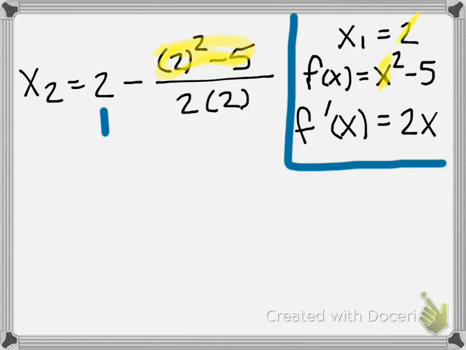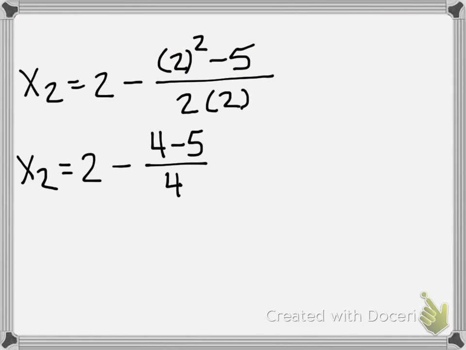And then on the bottom our f prime, 2x. Again, the 2 is being substituted in for the x. So whenever you make those calculations, you should get 2 minus negative 1 over 4, and then just compute that as well.